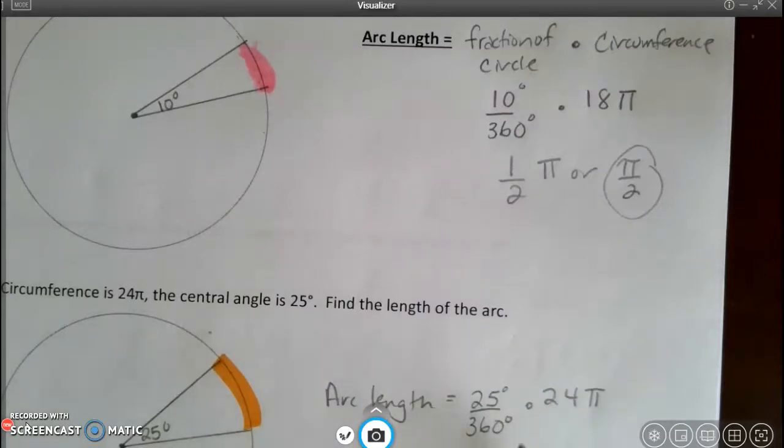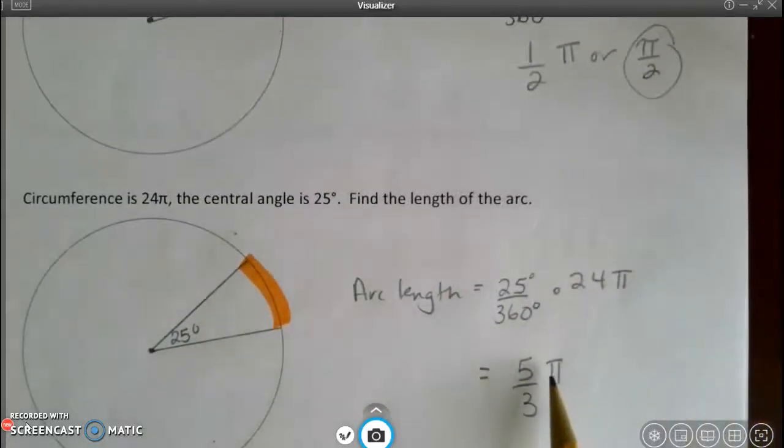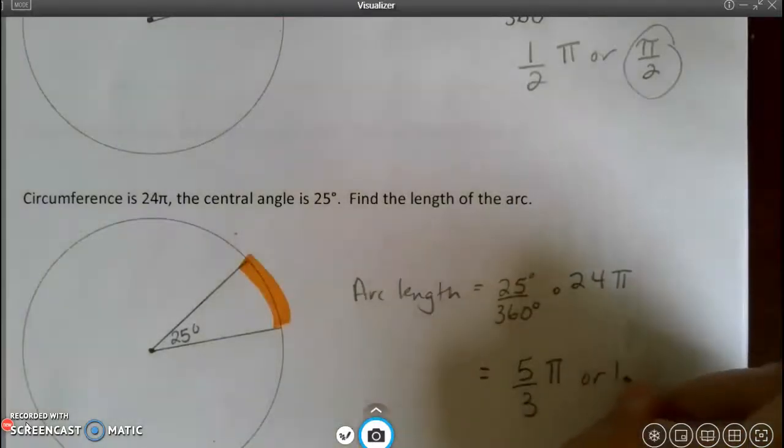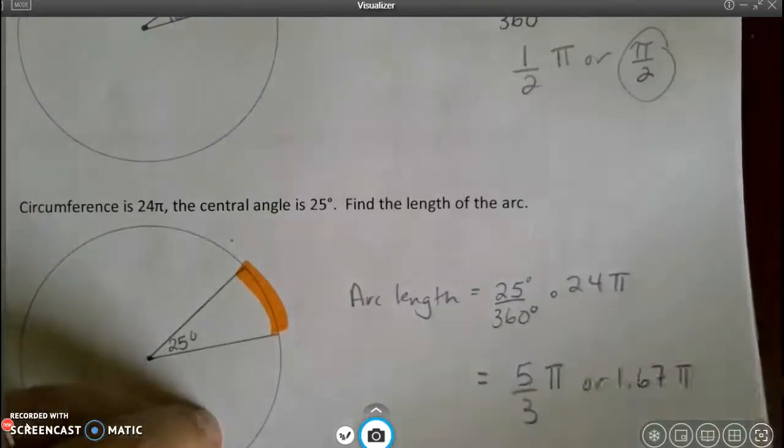If you didn't know that, you can just hit math, enter, enter, and you will be able to get the 5/3 pi, or 1.67 pi. Again, to get that fraction, I just hit math, enter, enter.